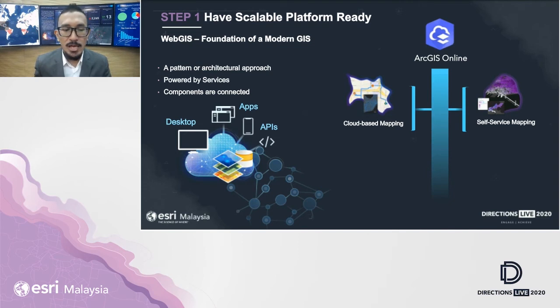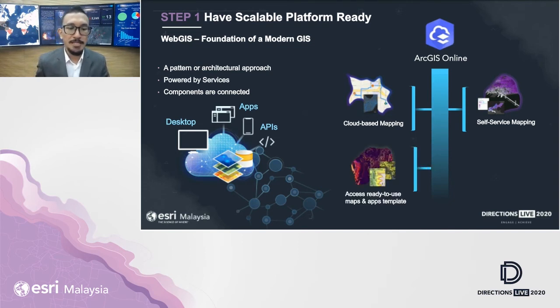It also enables your organization to rapidly deploy solutions by accessing lots of ready-to-use applications and templates. It is also very flexible for you to extend and customize your map and application, and develop a custom GIS application to suit your needs during the operation.